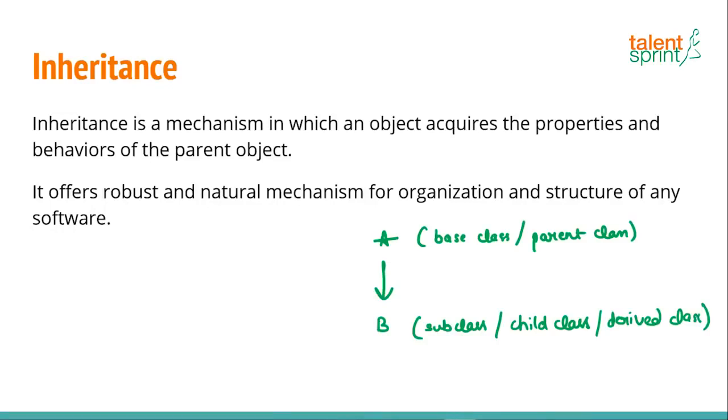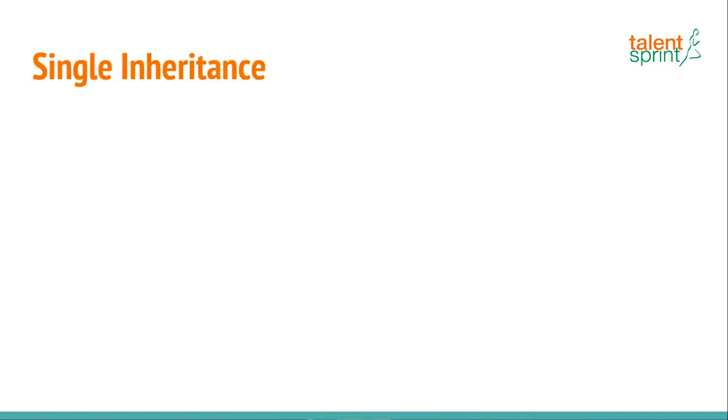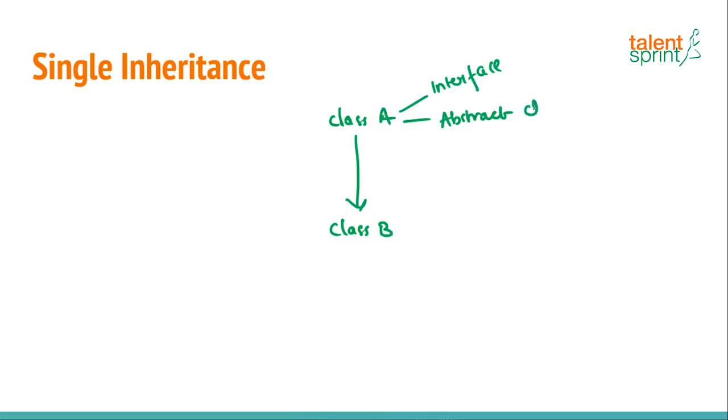So let's see the different types, starting with single inheritance, which is fairly simple. We have class A and it is directly inherited by class B. Now this can be an interface or an abstract class, anything.